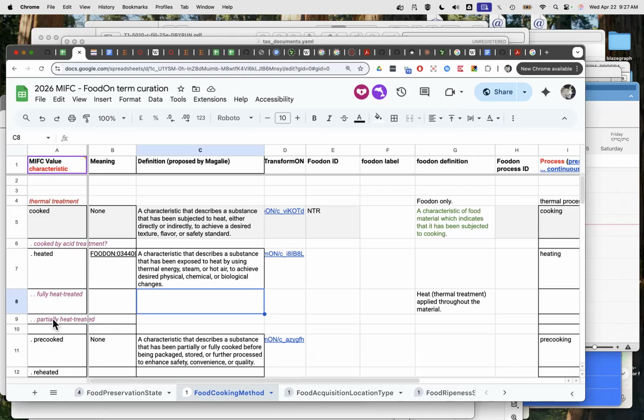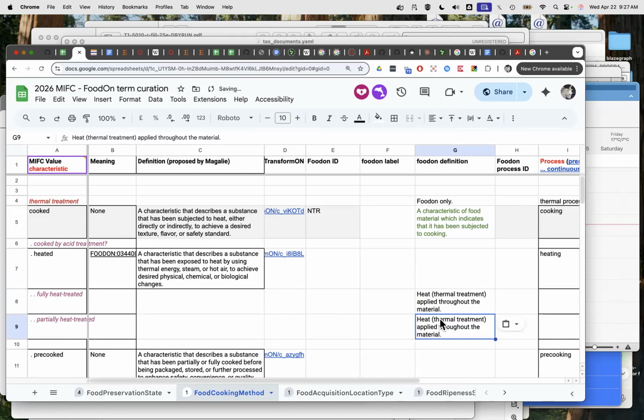So the full heat thermal treatment. The interesting thing about partially heat treated, of course, is that microwaves can cook things from the outside in, and so can the oven. I don't know if there's anything that can cook from the inside out.